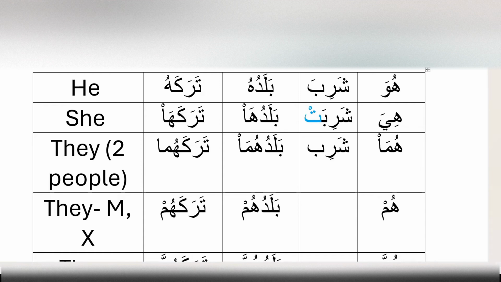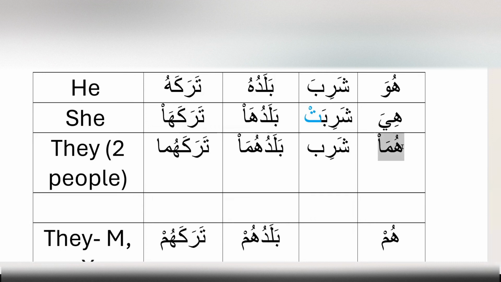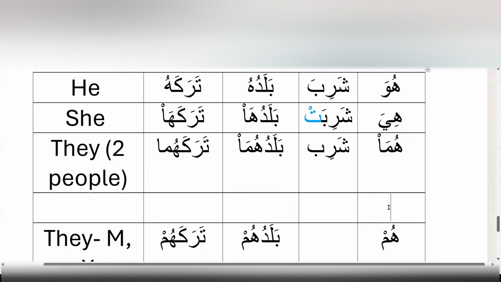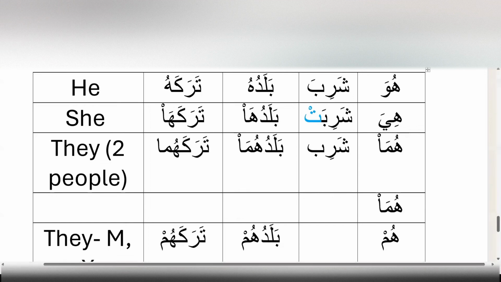Now, actually here also something new. For the first time, now I have to differentiate between "they both." I'm talking about two people or two things, but now I have to differentiate between masculine and feminine. هما and هما. So here, هما شربا.